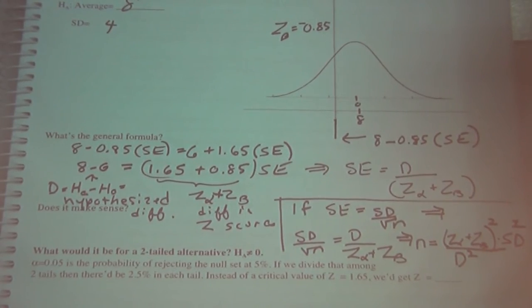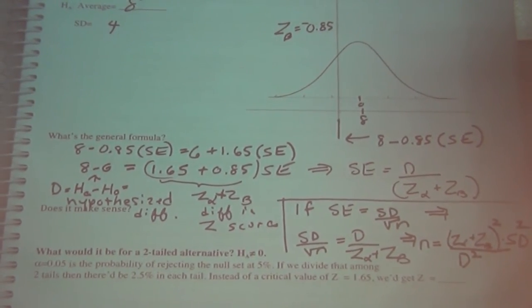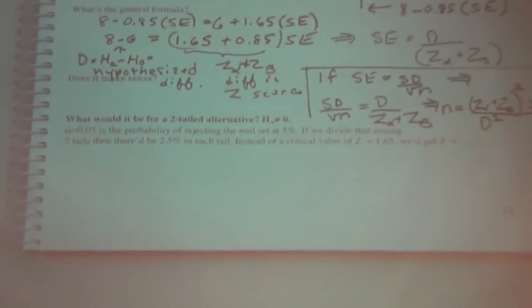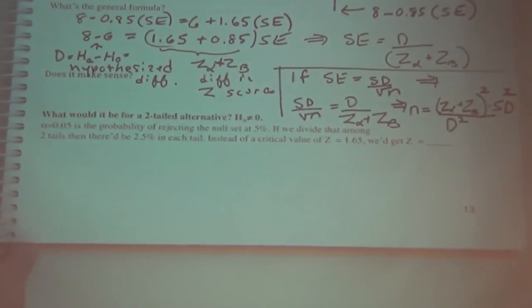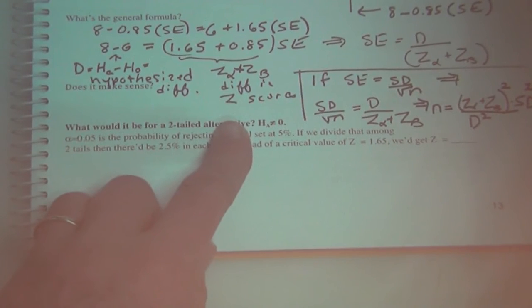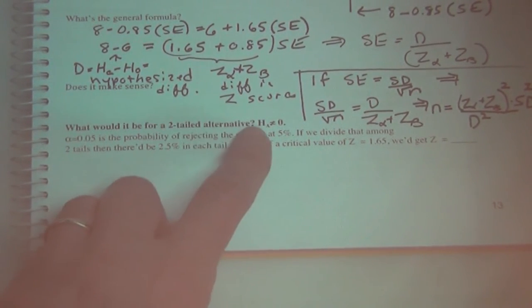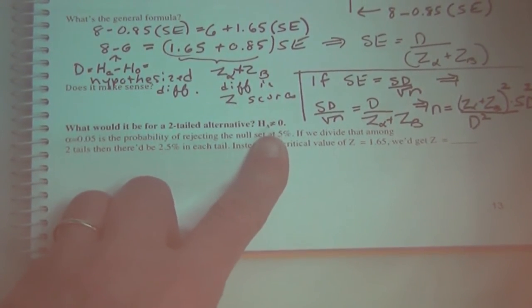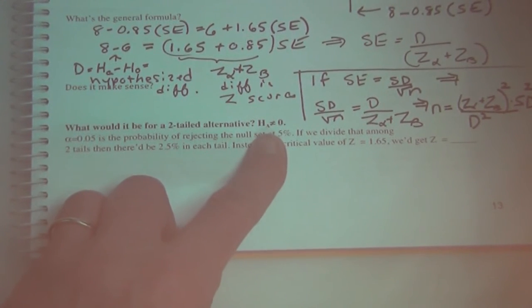Any questions on this? Okay. So now, usually the programs for some reason just do by default these two-tailed alternatives. So instead of having an alternative that's directional, like it's greater than, it's usually that it's just not equal.